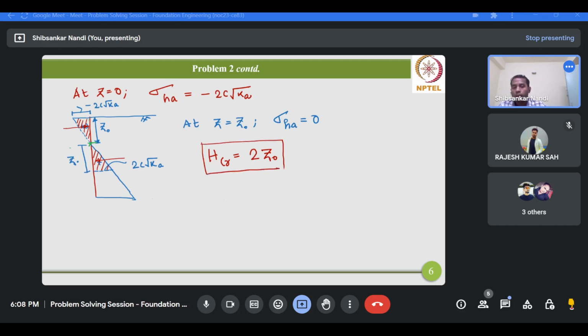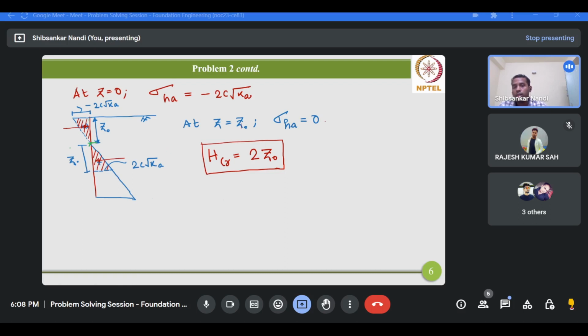The fundamental for the calculation of this z0 lies in this equation: at z equals z0, the lateral earth pressure should become 0. So we have assumed this depth z0. Z0 is the depth at which the lateral earth pressure becomes 0.